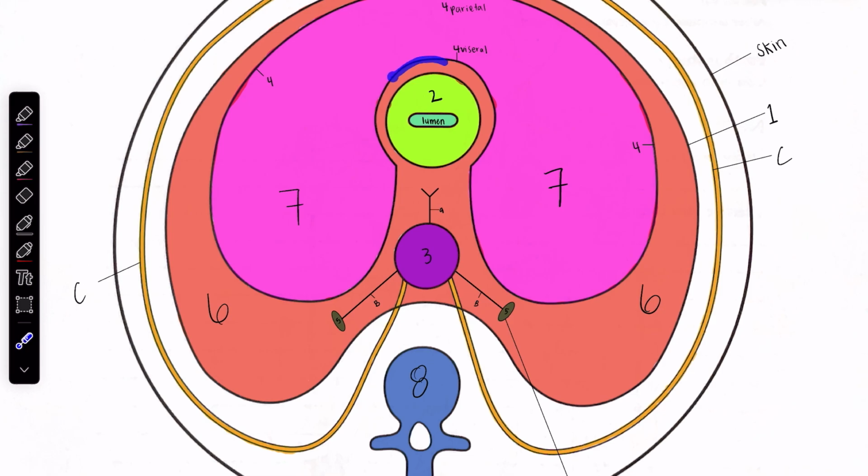Whereas if you look closer to where the intestines are, you're going to have visceral peritoneum. 5 was the kidneys, like we said. 6 is going to be this subserous fat. 7 is the peritoneal cavity. 8 is going to be your vertebra. This outside part is just going to be skin.